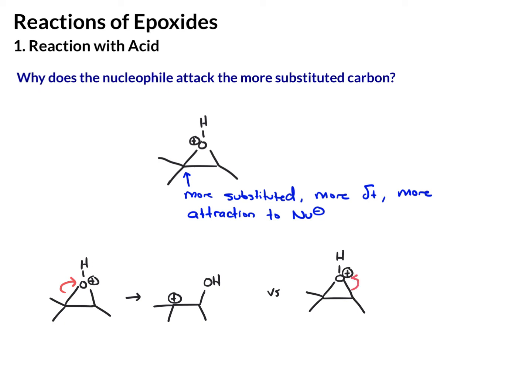If we break open on this side, let's draw what we get. We get this carbocation. Now, compare both of these carbocations. The one on the left is tertiary. The one on the right is secondary. Tertiary, we know, is more stable. And that, being the more stable source for positive charge or positive character, is why up here in the reactive intermediate, this carbon has the most delta positive character.